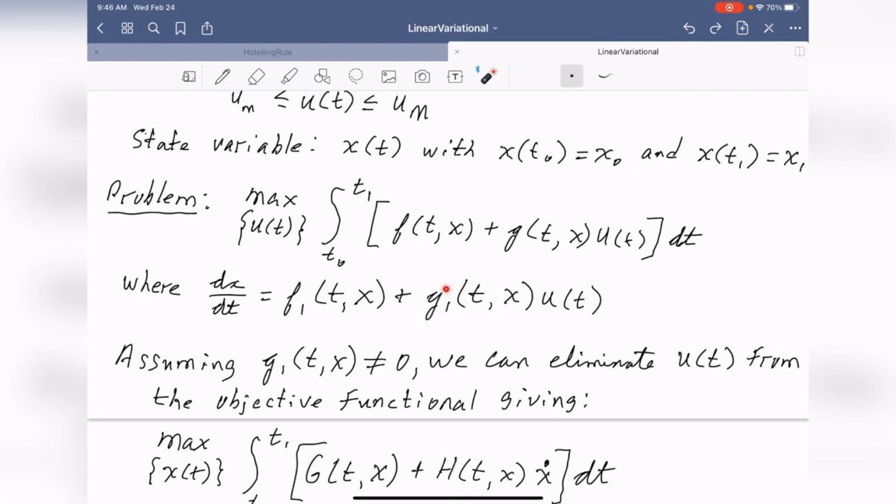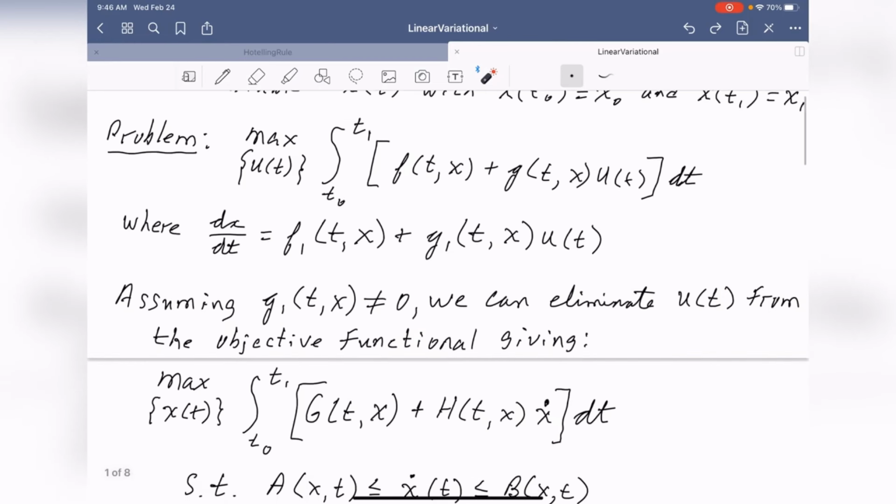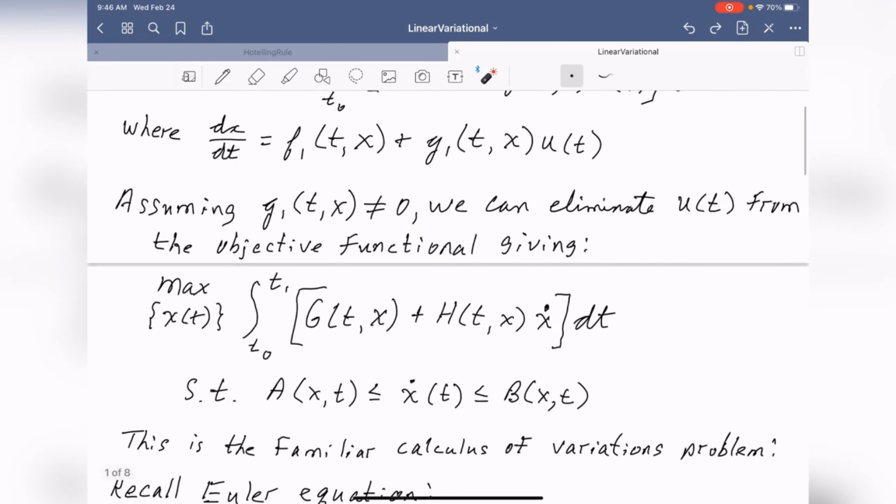And we do the same thing with g1, the partial of g with respect to t, all multiplied by u(t). So assuming that g1(t, x) is not equal to 0, we can eliminate the u(t) from the objective functional, giving us the following result: we want to maximize over the path of x(t) between t0 and t1 the integral of big G(t, x) plus h(t, x) times x dot.